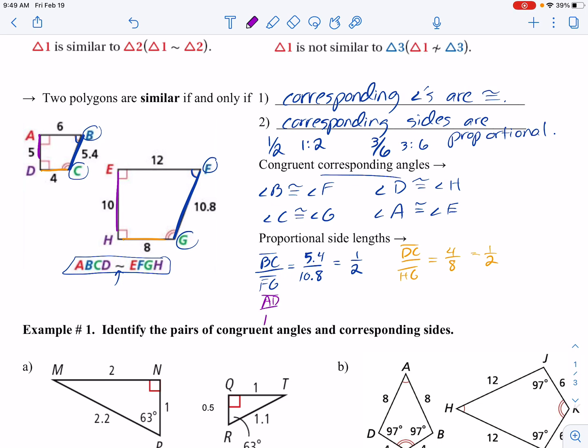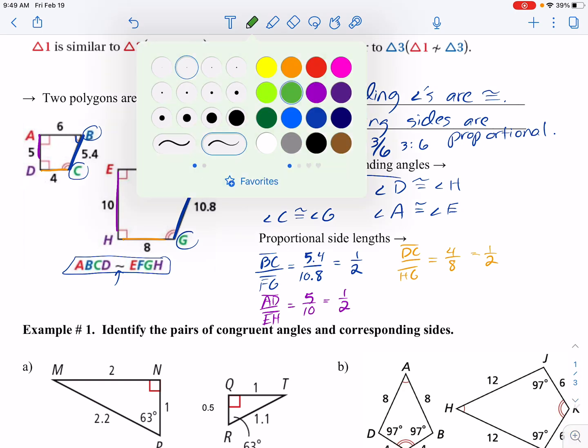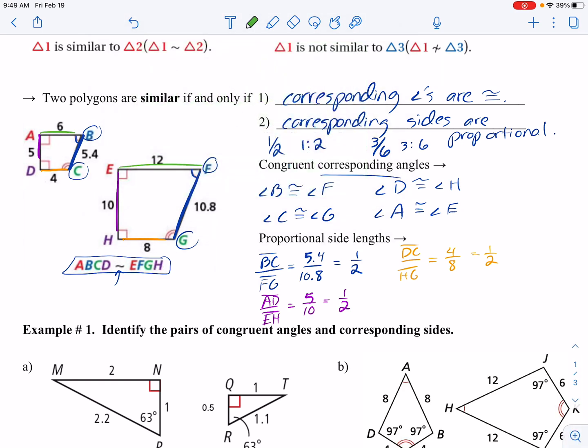AD corresponds to EH, and their side lengths are 5 to 10, which is also a ratio of 1 to 2. And then finally, AB and EF, our last pair of corresponding sides. 6 to 12 is also a reduced ratio of 1 to 2.